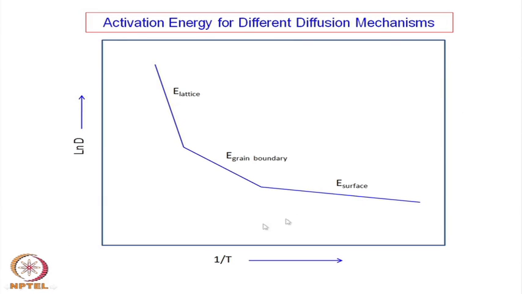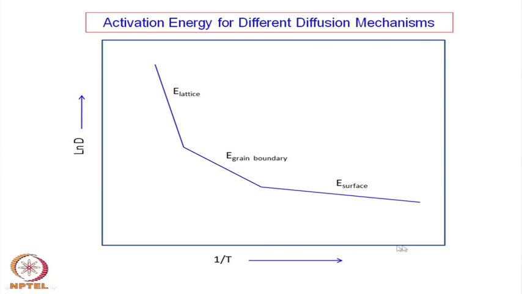Okay. Now, this is what it means, particularly the comparison of the activation energies for the three mechanisms. If you plot log D versus 1 by T, then you have straight line plots. The slopes are the activation energies.